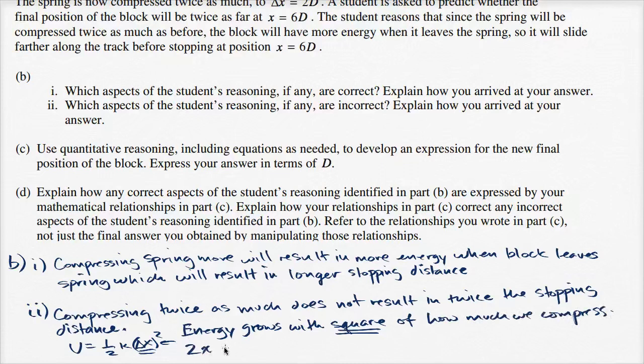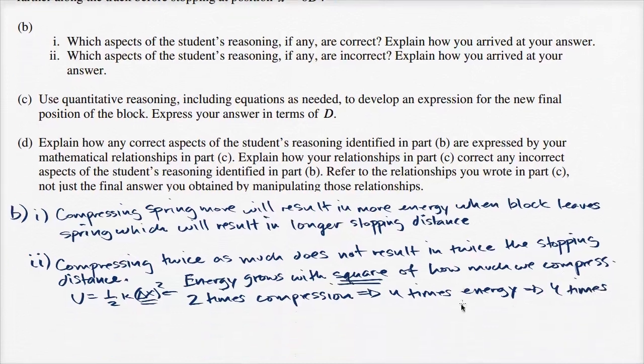So 2 times the compression will result in 4 times the energy, and this will result in 4 times the stopping distance. I think that does a decent job of explaining where the student's reasoning is correct, and where it is incorrect.